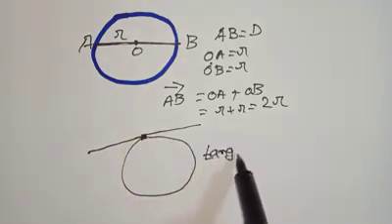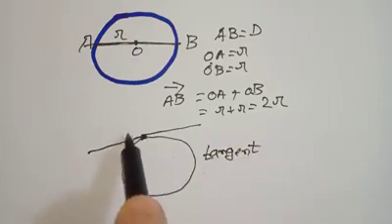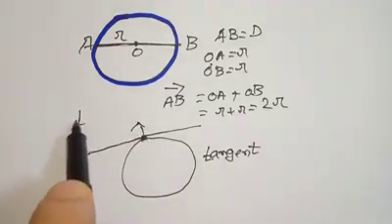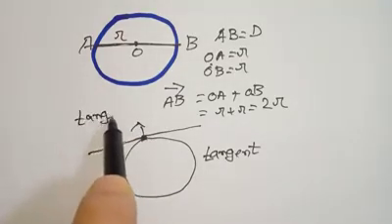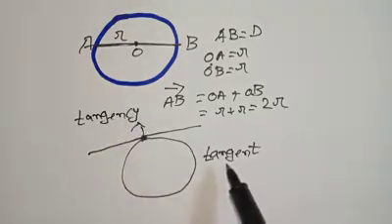And this point is called the point of tangency. This is tangency and this is called tangent.